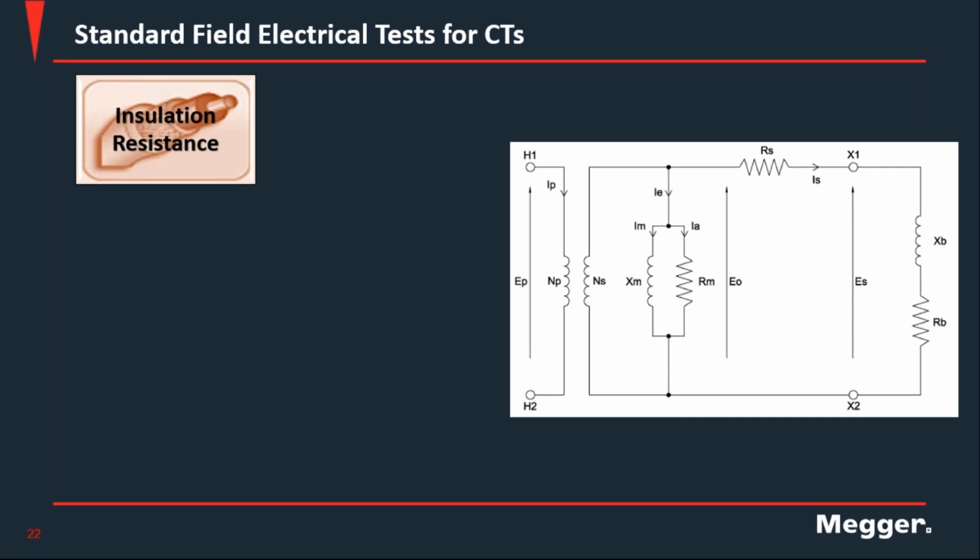Oh, the Rogowski coil CT is a little bit different because the Rogowski coil operates on a differential principle. What that means is that for a current input on the primary of the coil, you're going to have a voltage on the secondary which represents the current that goes on the primary.